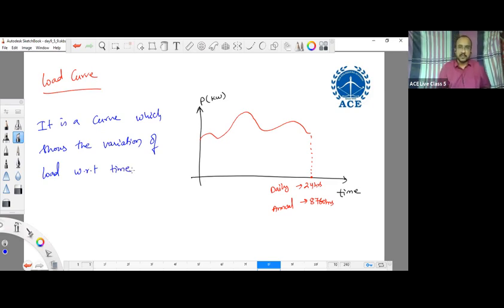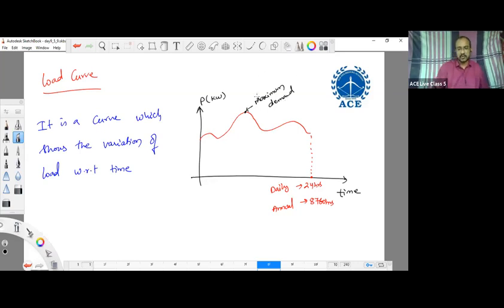What data can you obtain from the load curve? The highest point on the load curve is known as maximum demand or maximum load.